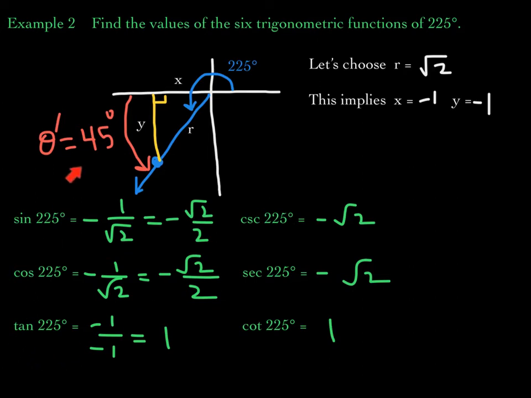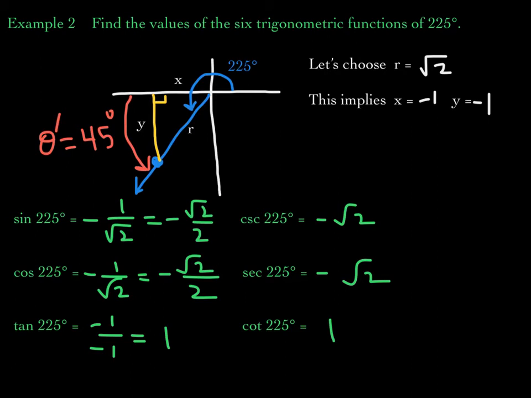Tangent of 45 degrees is 1. Cosecant of 45 degrees is √2. Secant of 45 degrees is √2. Cotangent of 45 degrees is 1. So all of these trig function values correspond in absolute value to those of its reference angle of 45 degrees.